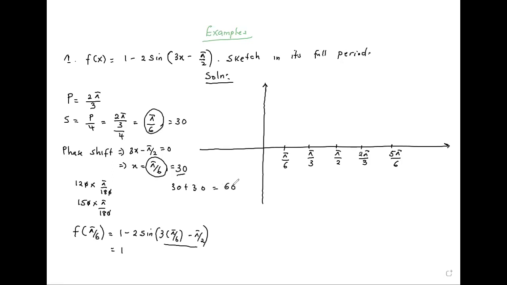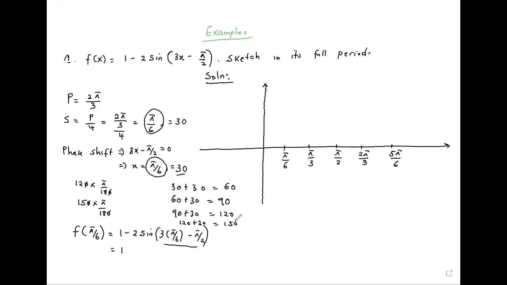That was our next number. To 60, we add 30, we got 90. To 90, we add 30, we got 120. To 120, we add 30, we got 150. And then we have to convert them to radians.